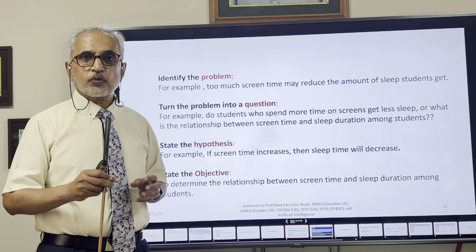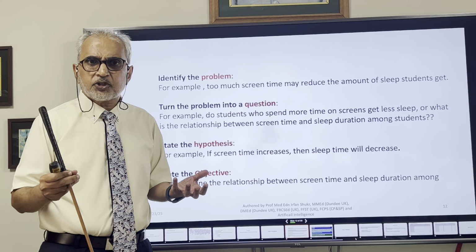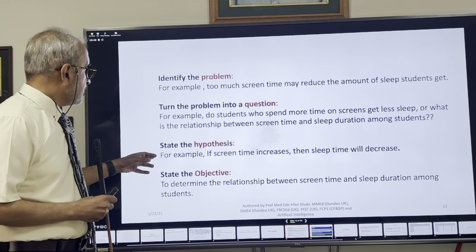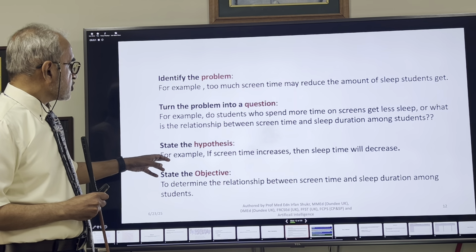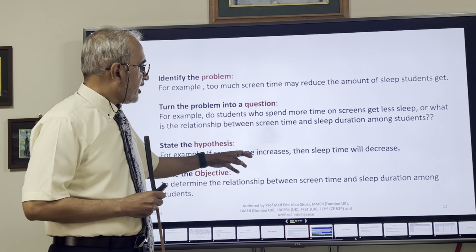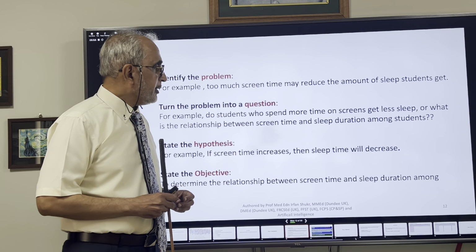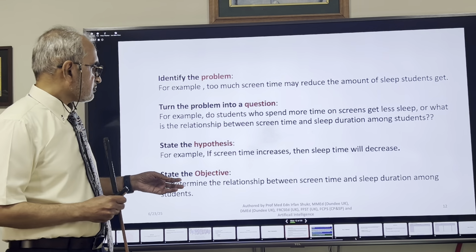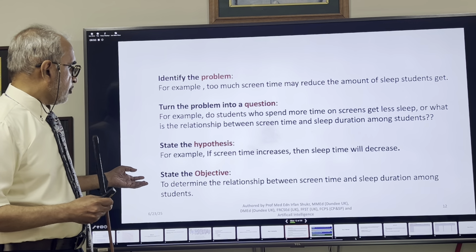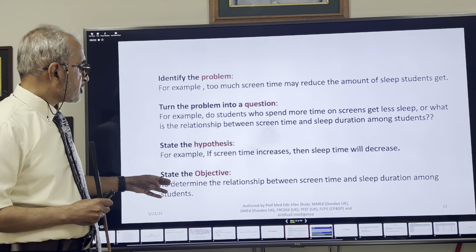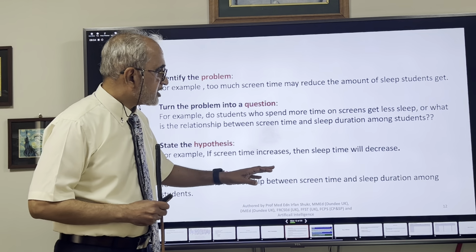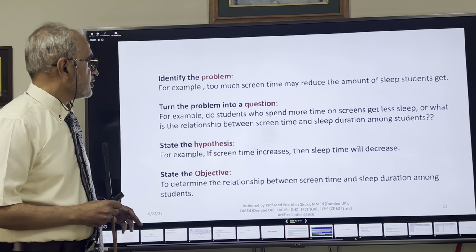Now, once we have a question statement, what is my hypothesis? So state the hypothesis. For example, in this case, if screen time increases, then the sleep time will decrease. And we state the objective: to determine the relationship between screen time and sleep duration among students.